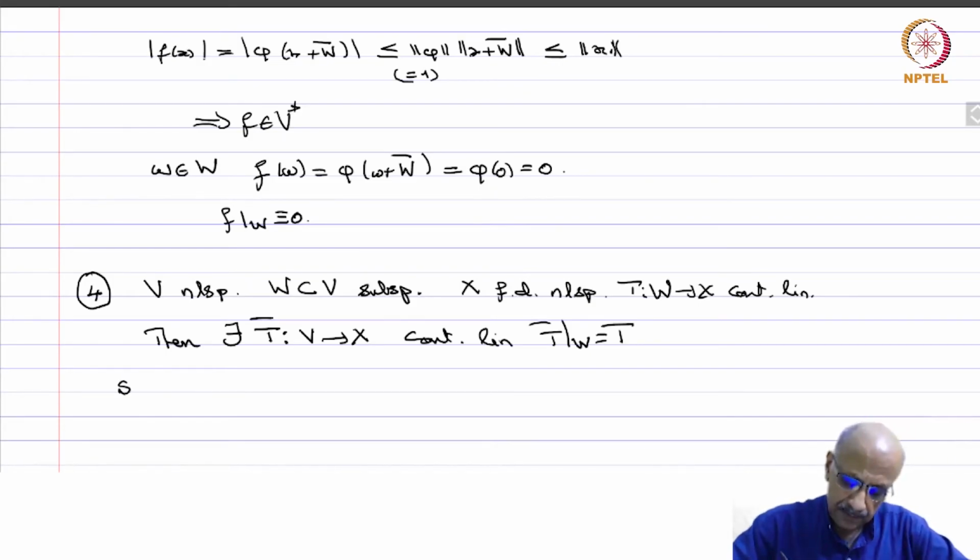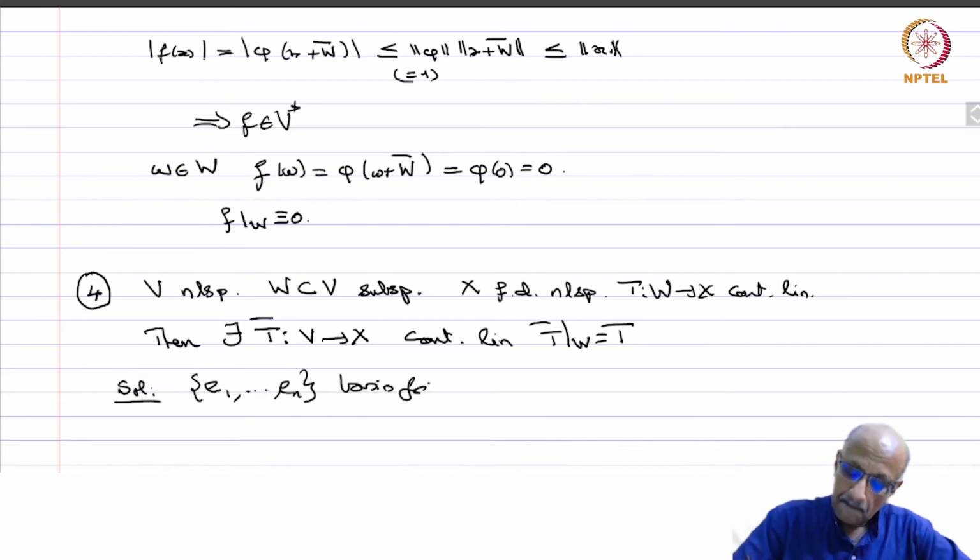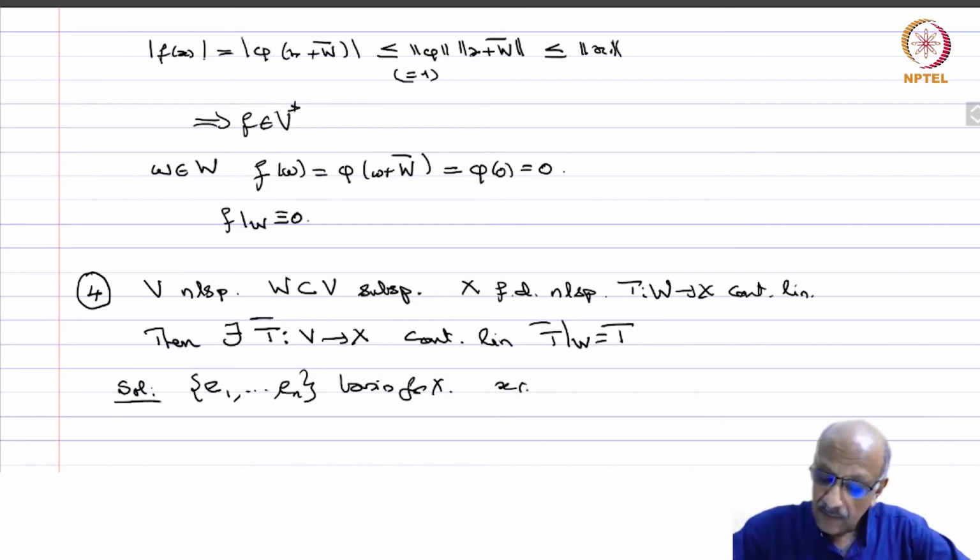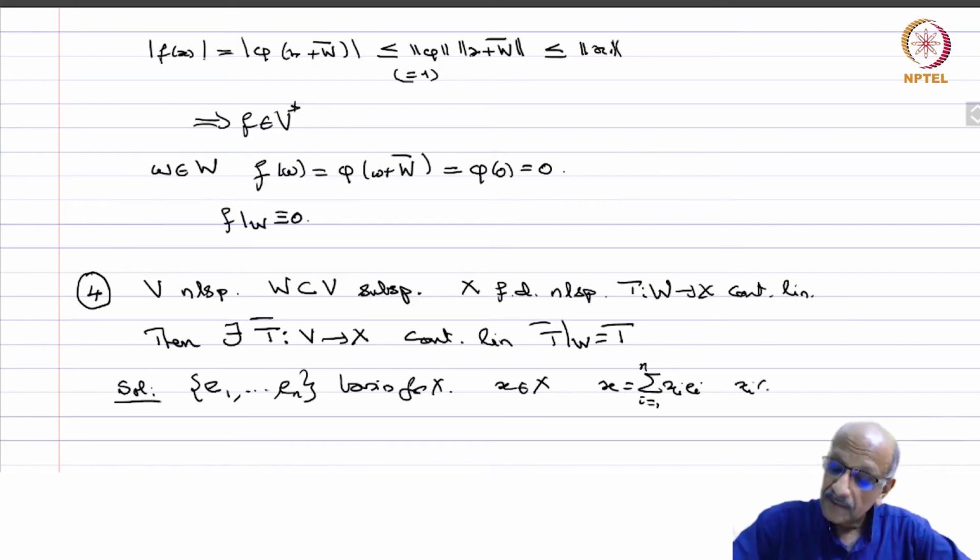So solution, you have to apply the Hahn-Banach repeatedly. You take a basis e1 to en, a basis for X. So you can take any x in X and write x equals sigma xi ei, with xi in R. Now you define pi of x as the projection, namely xi.